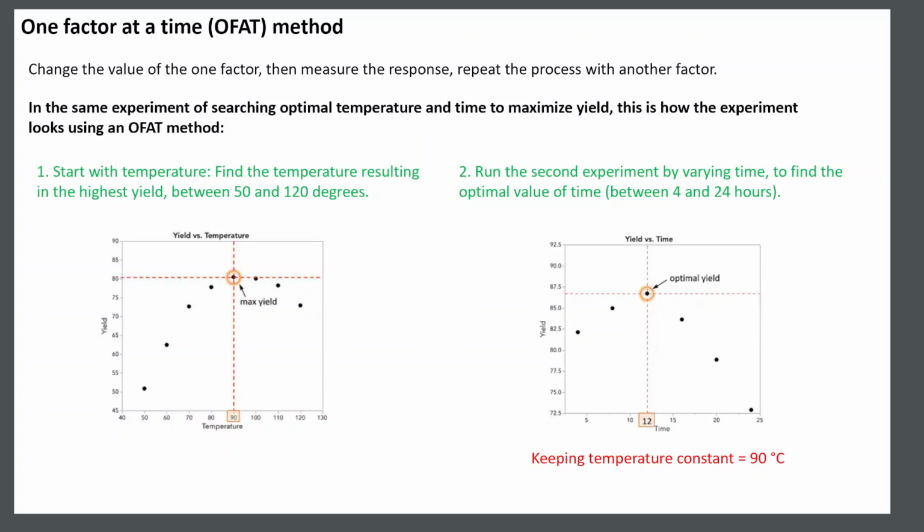In that case, we could see the optimal yield is achieved at 12 hours. So 90 degrees Celsius is the optimal temperature, and with the temperature fixed at 90 degrees Celsius, we vary the time, and we can see 12 hours is the time where we get the highest yield.